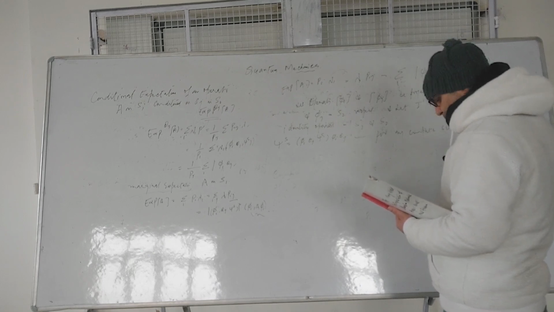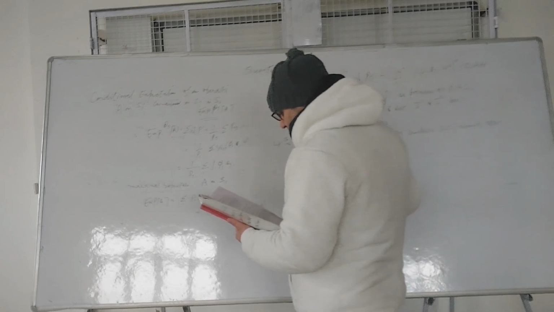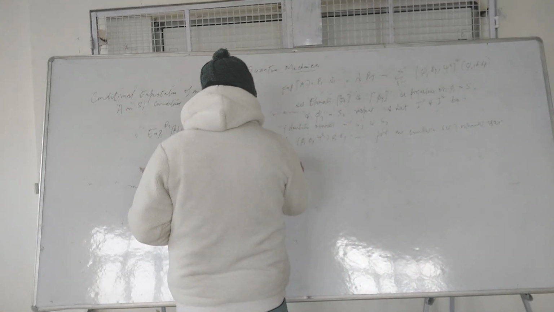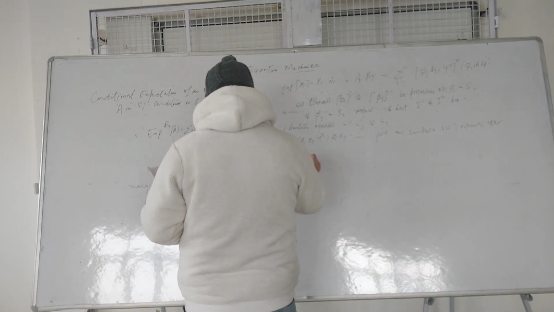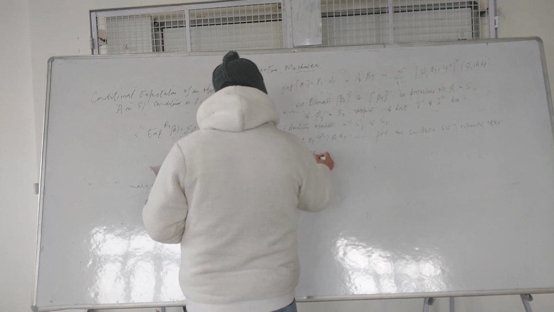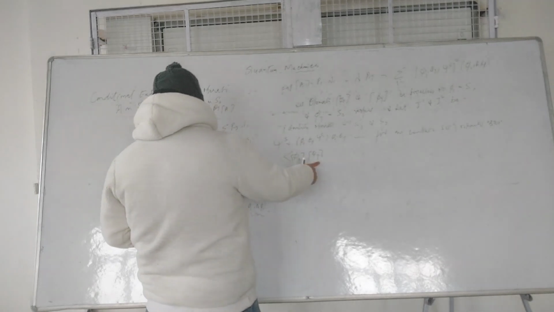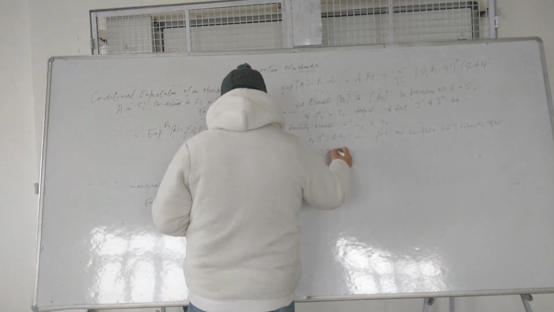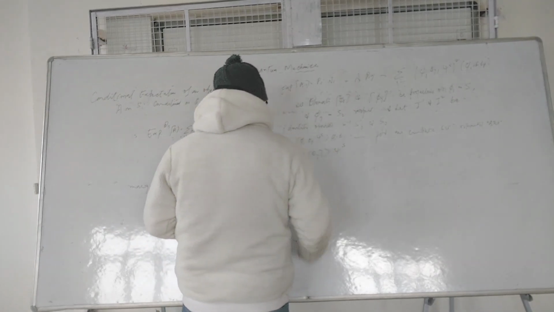We can have phi I state, and this other state is theta j. These are two states operating on psi of s.